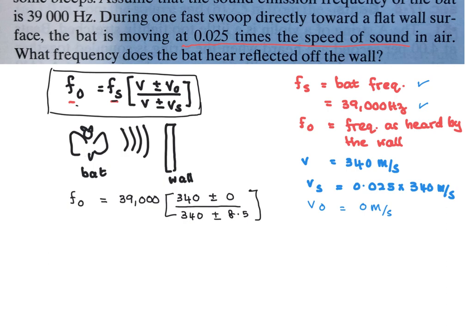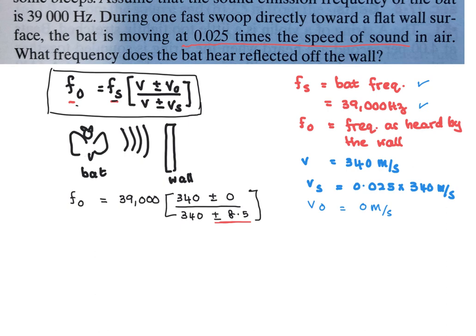The source is in the denominator, and the source is moving toward the observer, so if you make the denominator bigger by using the plus sign, then the frequency of course goes down, because 1 over a bigger number makes the frequency lower.